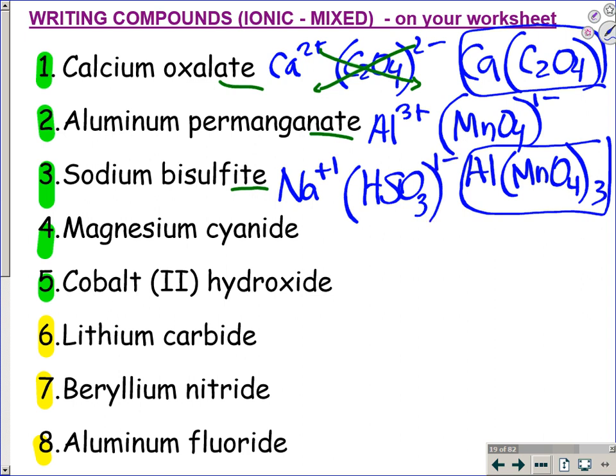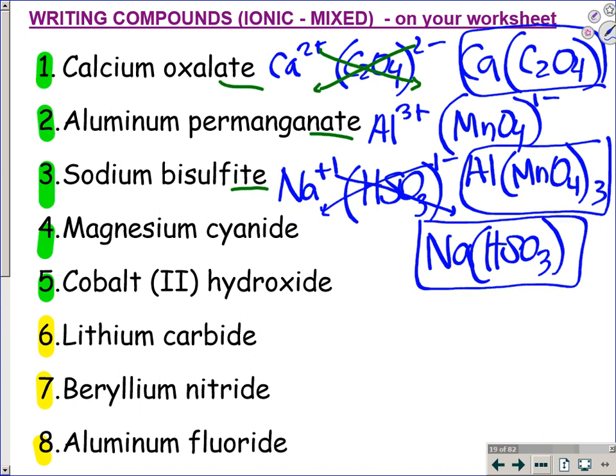And that's a 1 minus. When I crisscross a 1 and a 1 down, they don't appear, because they're ugly, we lose them. And so we get Na(HSO3). Okay, so far so good. Those are compounds that involve polyatomic ions.